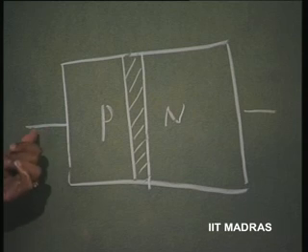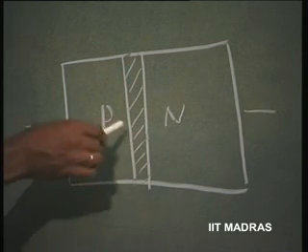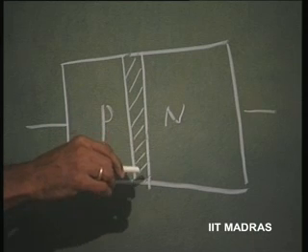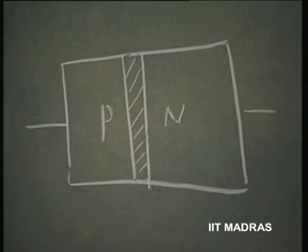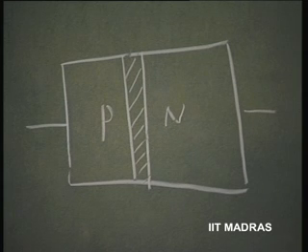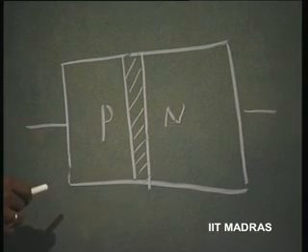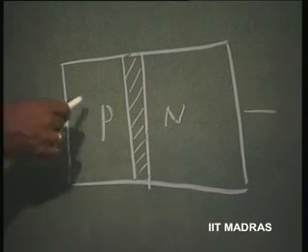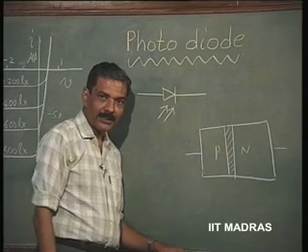This minority carrier flow will obviously increase if the hill for the majority carriers increases, but there is only a maximum limit, because these are all saturation values corresponding to the saturation current it will reach. Ultimately, the current when it is reverse biased will flow only because of this current due to minority carriers.